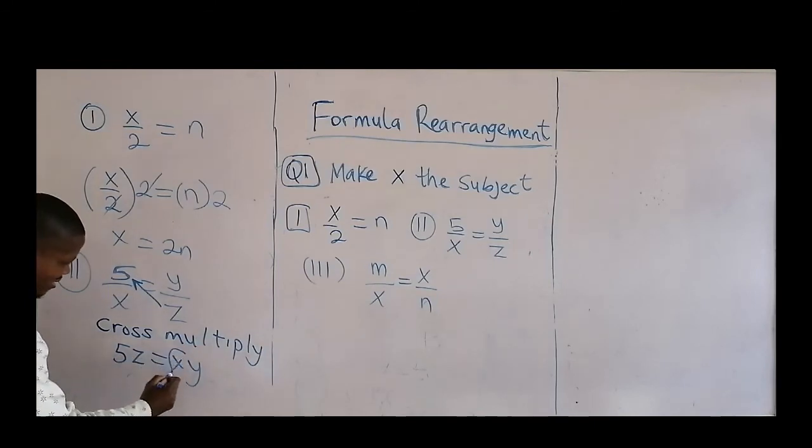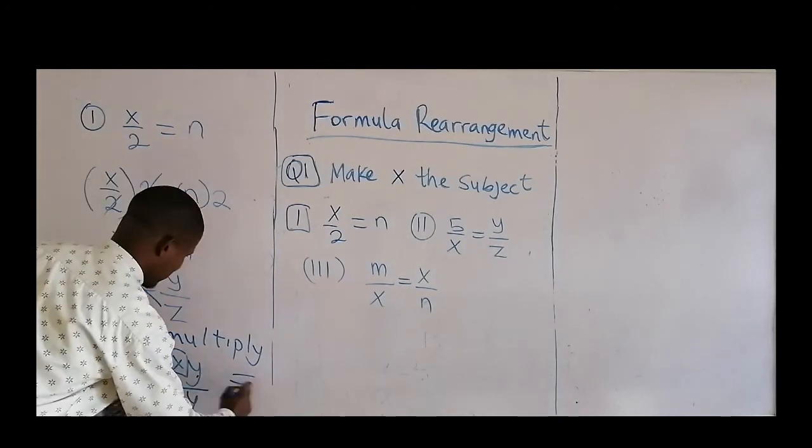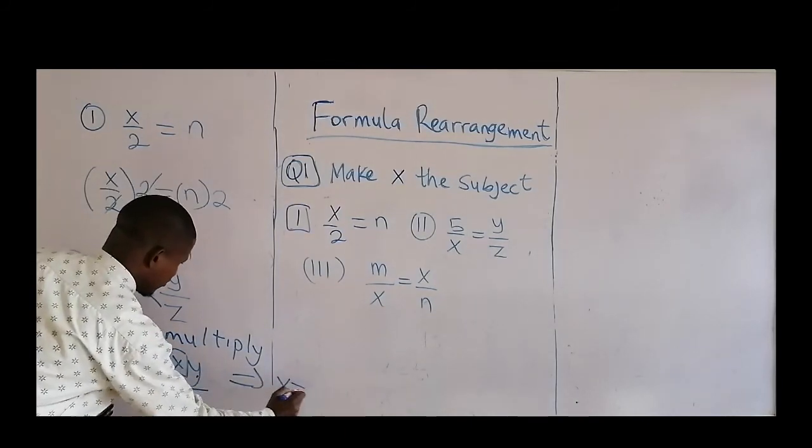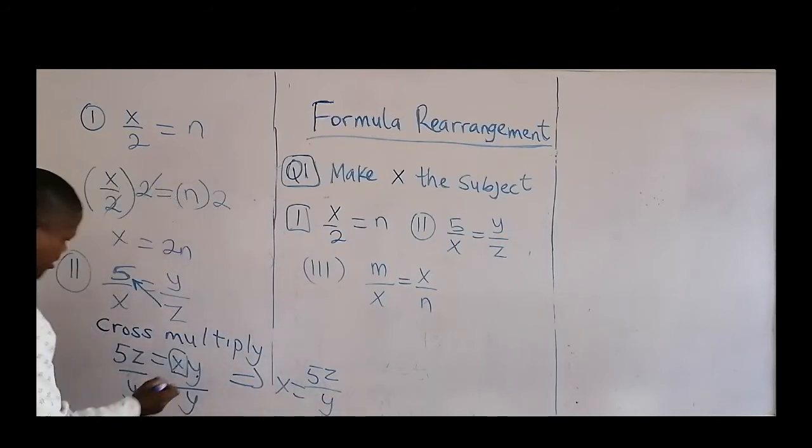Then make x the subject, and to do that, you have to divide both sides by the attachment to x, which is y. So x is equal to 5z over y. This is what we can do here. So that's that for question 2.